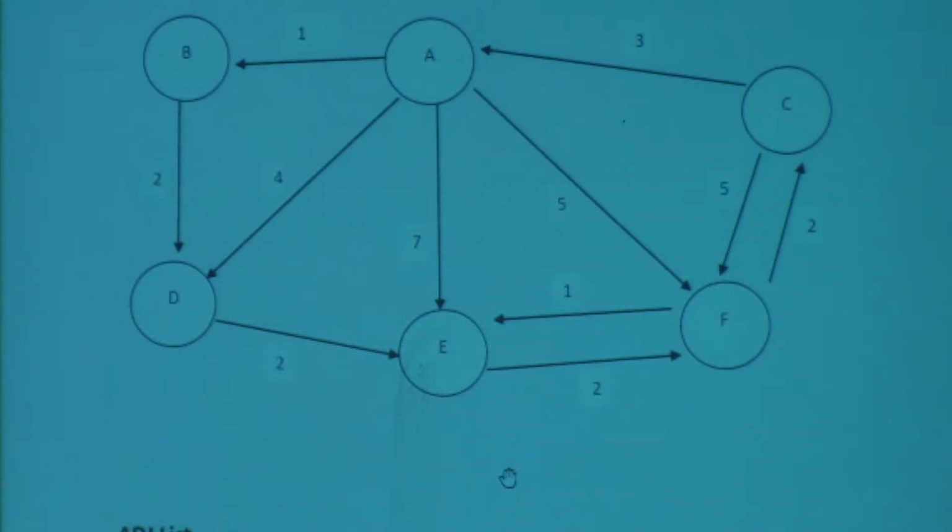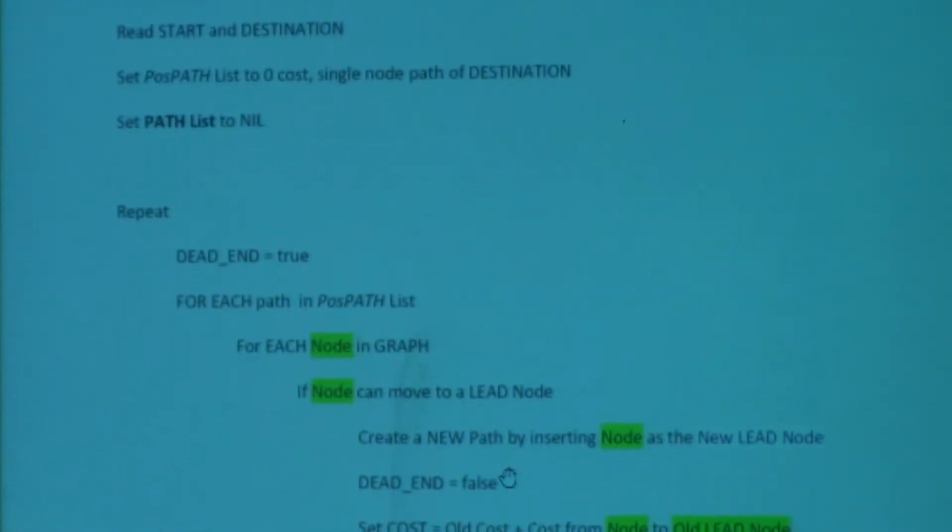Since 3 nodes can go to E, specifically A, D, and F, they all become possible paths because they're all nodes that can go to E. So there is an AE, a DE, and an FE. Notice that DE has a cost of 2, FE has a cost of 1, and AE has a cost of 7. Notice that the new lead node in AE is A.